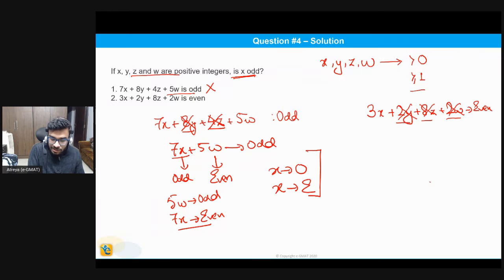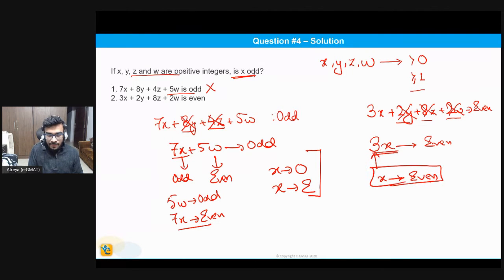So I can essentially say that here 3x is even. Now if 3x needs to be even and I see that 3 is an odd number, x definitely has to be an even number.